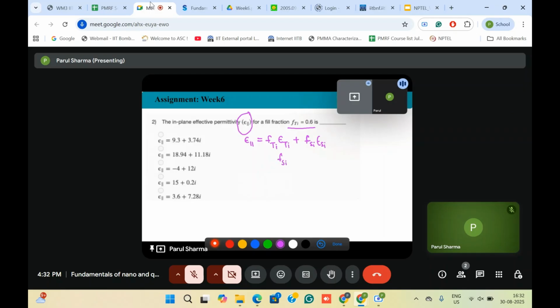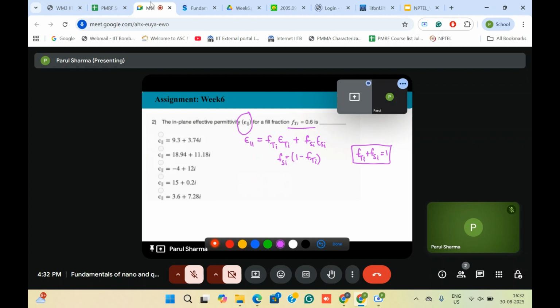If we know the fraction of titanium, we can find the other, because f of Ti plus f of Si is equal to 1. So from that we can find FSI is equal to 1 minus the fraction of titanium.